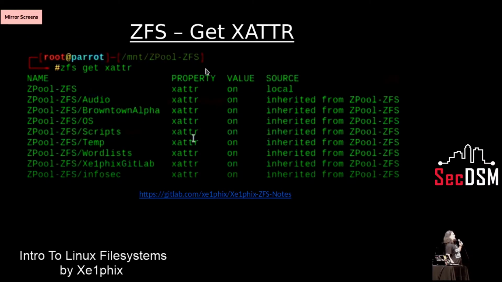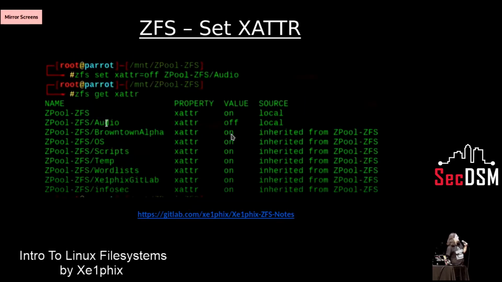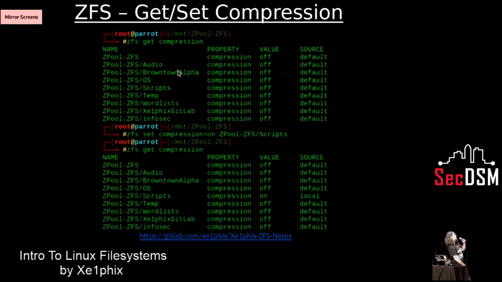So here we're getting the X attributes. These are the different folders. You see the value here is on or off. And here I set the X attribute off for that pool, and that's the audio folder. Here I'm getting and setting the compression for folders.